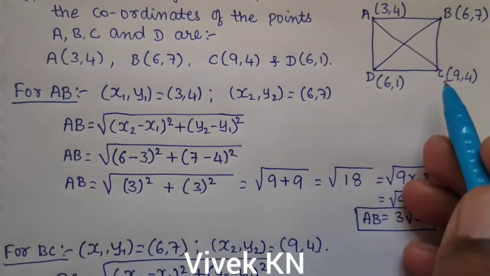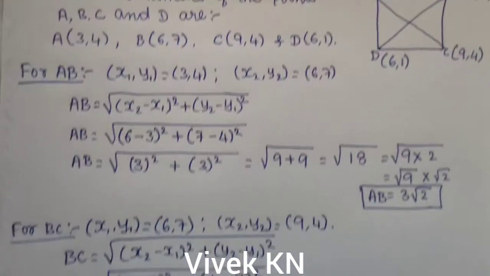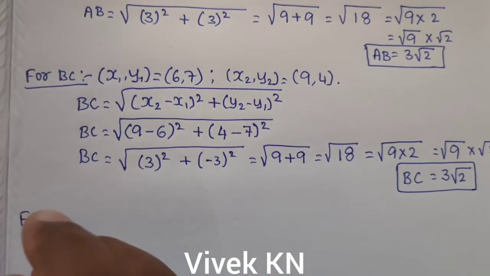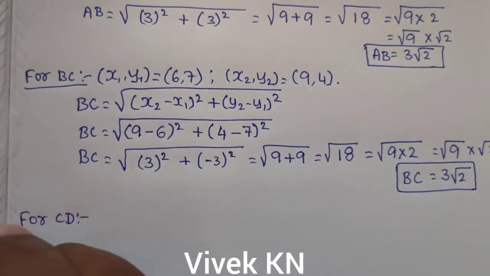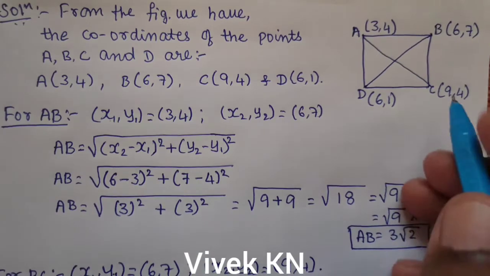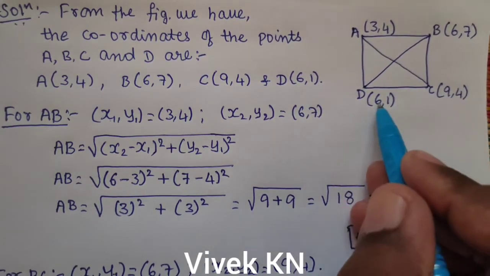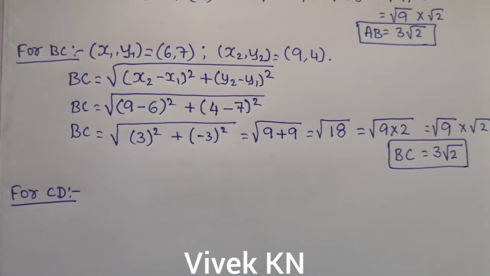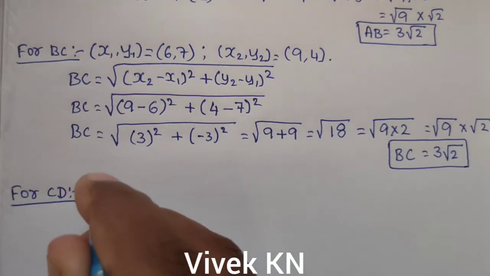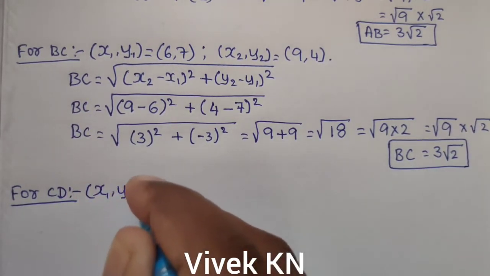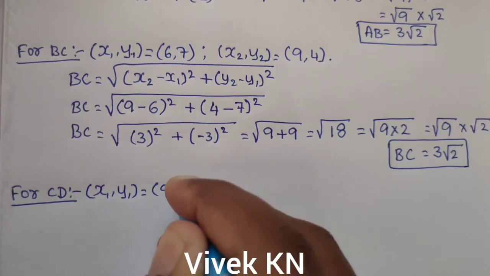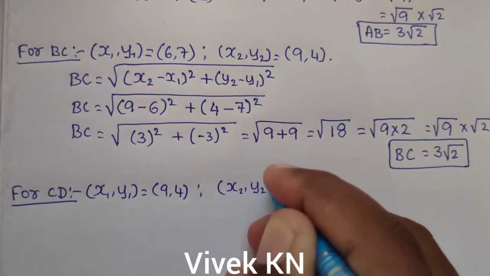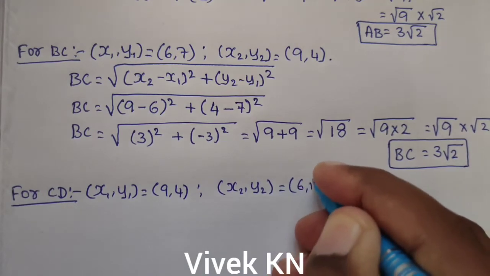Now let us calculate the distance CD. For CD, this is x1 y1 and this is x2 y2. x1 comma y1 is 9, 4 and x2 comma y2 is equal to 6 comma 1.